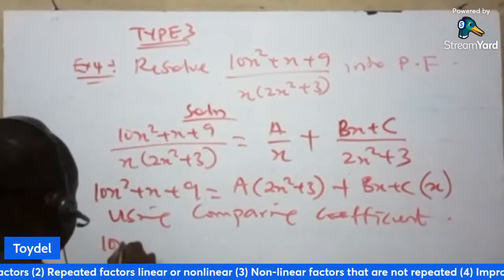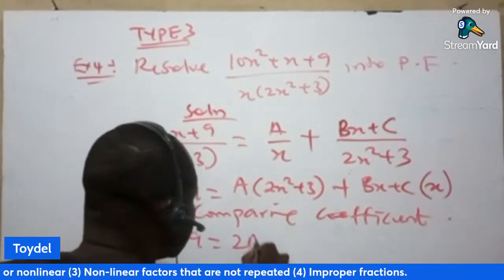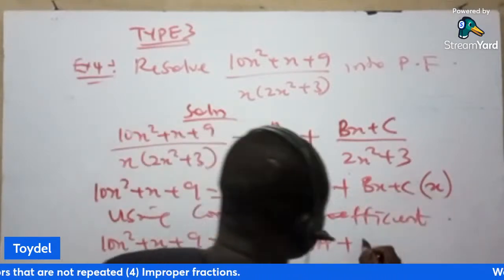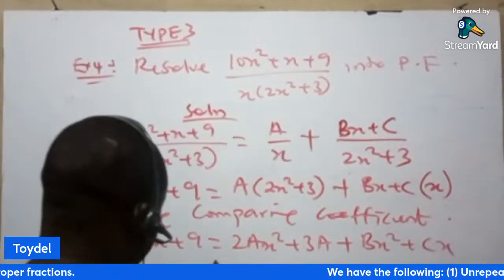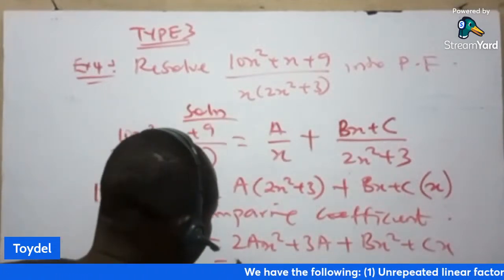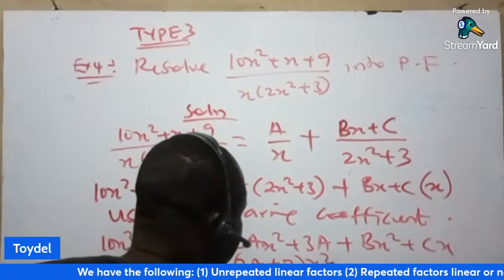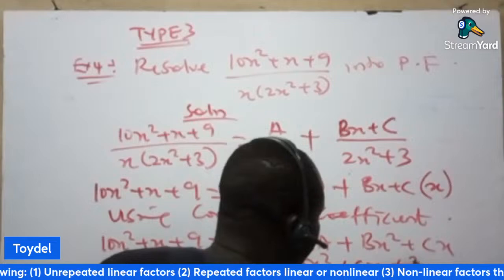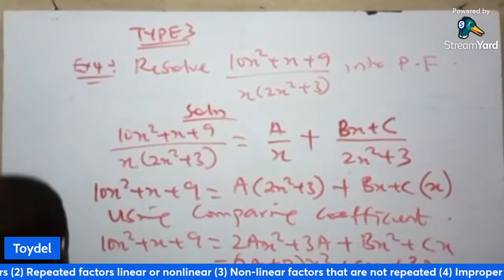I'm going to have 10x squared plus x plus 9 being equal to 2Ax squared plus 3A plus, if I open up here, Bx squared plus Cx. Then let me collect the like terms here. I will have (2A plus B) x squared when I combine these two, then plus Cx plus 3A.